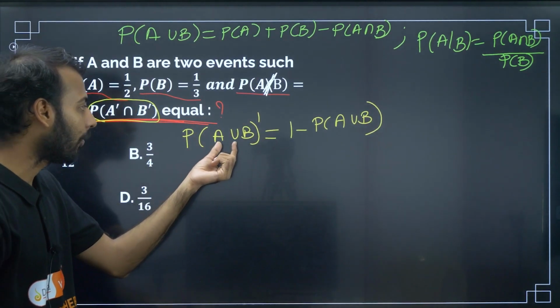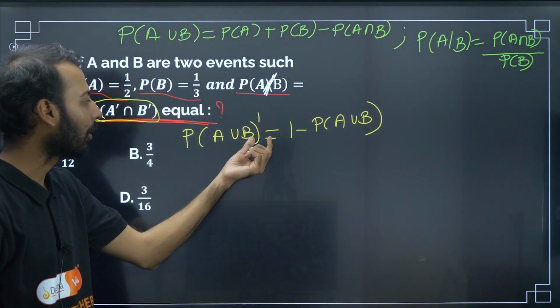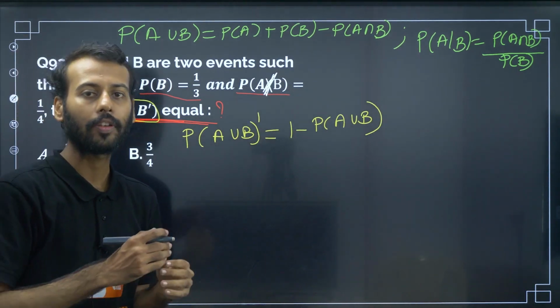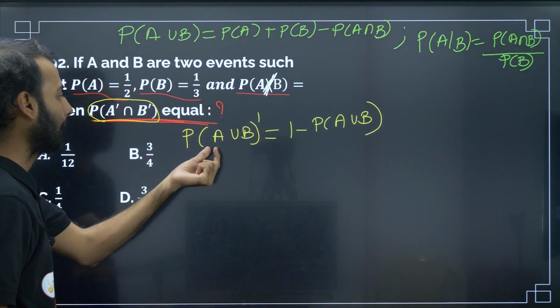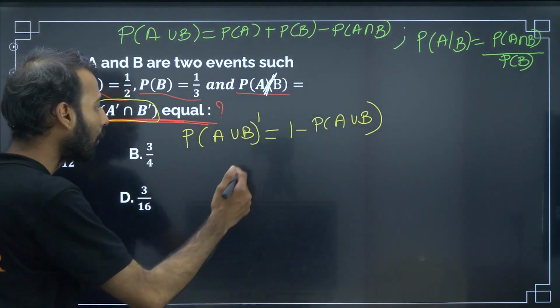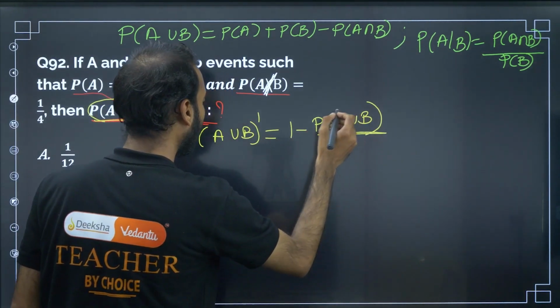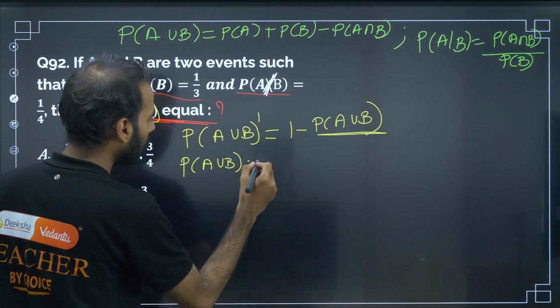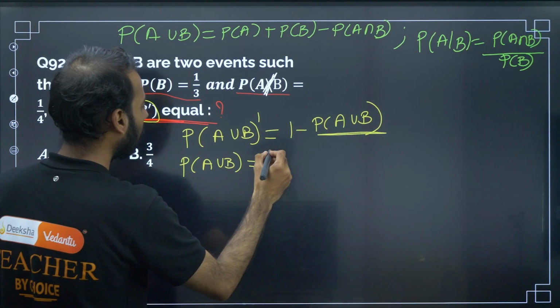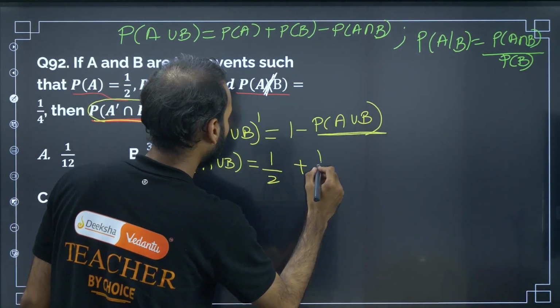Probability of the event not happening plus probability of the event happening is equal to 1. Probability of A plus probability of A dash is equal to 1. So this I am writing. Now to find probability of A union B, the formula which I have written, that I am going to use. Probability of A is 1 by 2. Probability of B is 1 by 3.